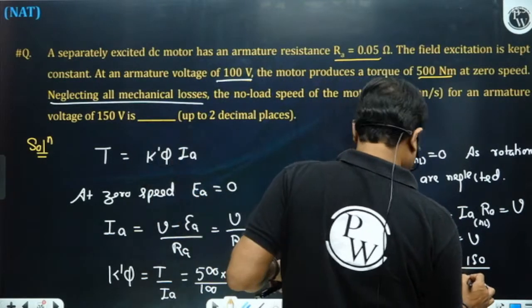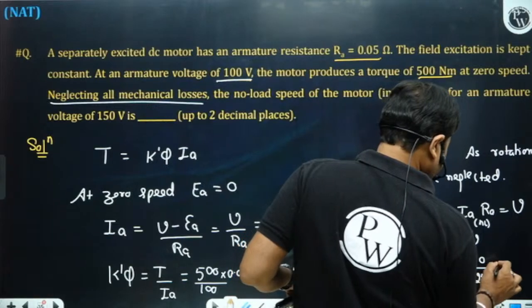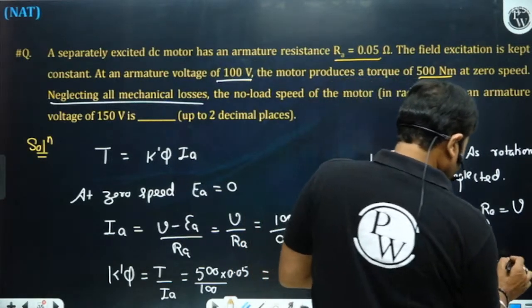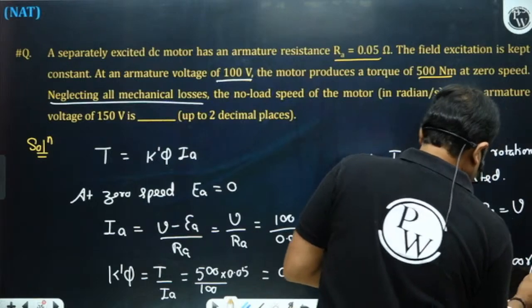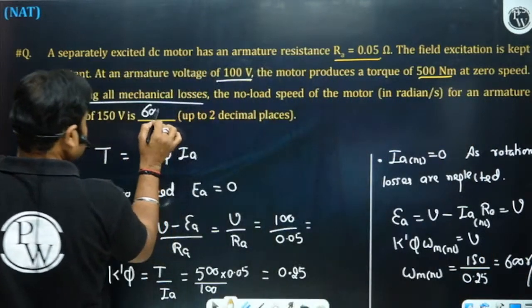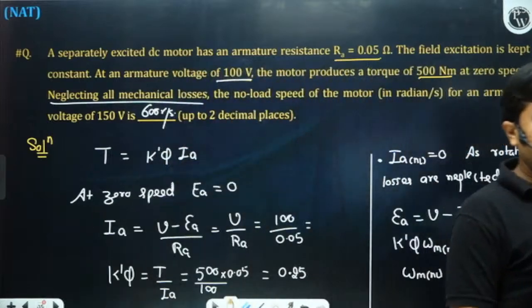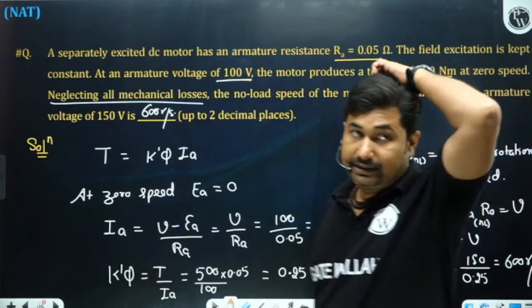However, the rest of the things will remain unchanged. 150 by 0.25 is 600 radian per second. So your answer is 600 radian per second. How many of you are able to understand up to this part? Yes, yes, yes. Great, sir.